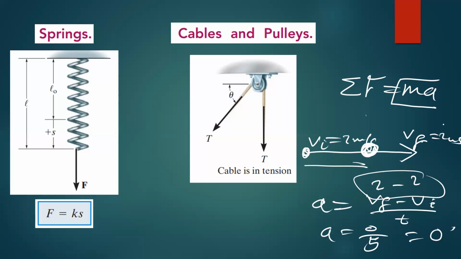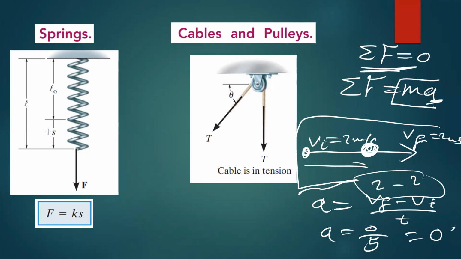So as long as this particle is in constant motion or it's static, it means that the acceleration is 0. So if the acceleration is 0, it means that the summation of forces is equal to 0. This is the reason why whenever we're dealing with the equilibrium of particles, the summation of forces should always be equated to 0, which implies that all the forces in the x plus all the forces in the y add up to 0.